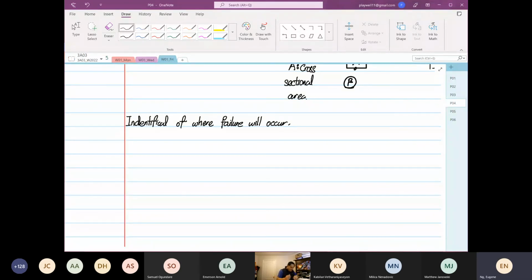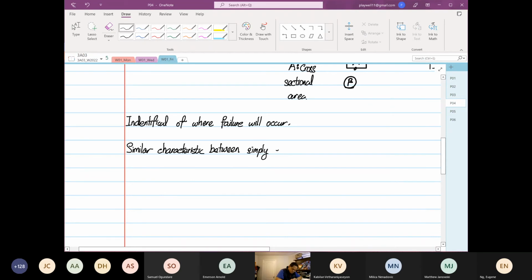But before I go on, I would like to highlight this. What are the similar characteristics between simply supported and cantilever beam? I'll elaborate on failure by looking at the similarity between the simply supported and cantilever beam.